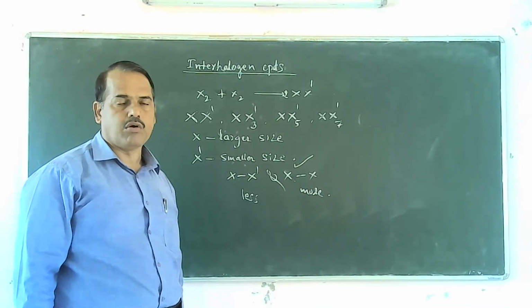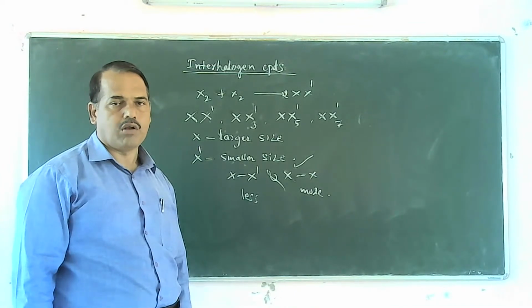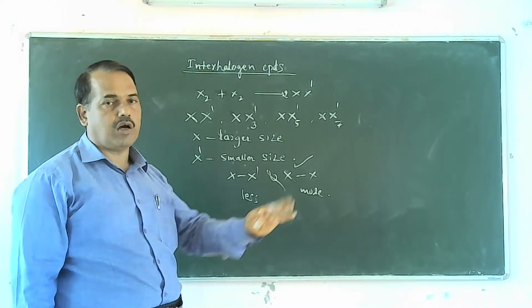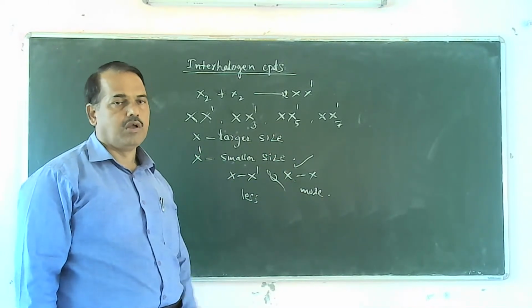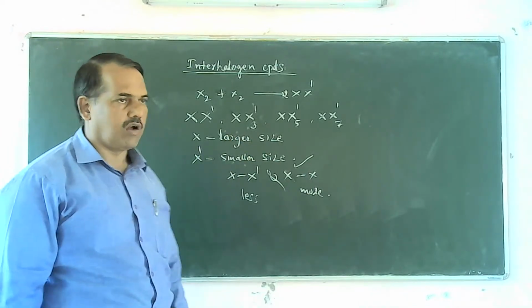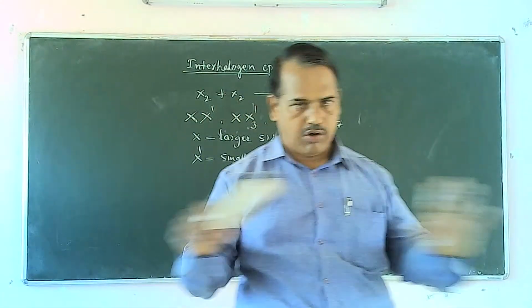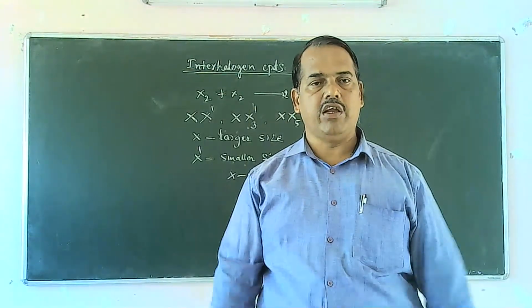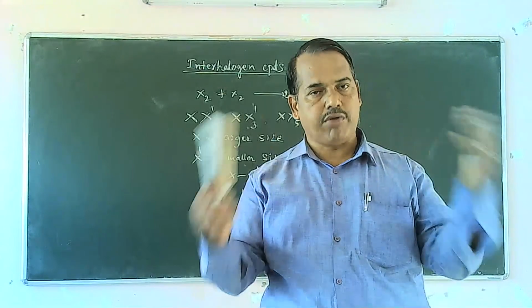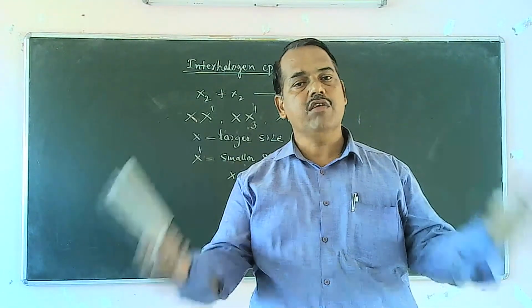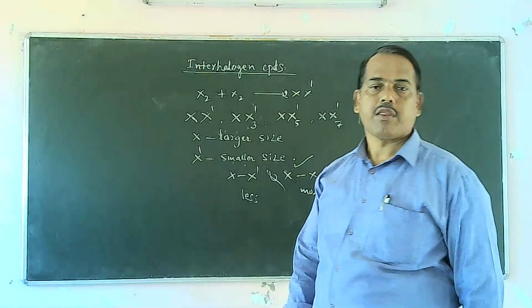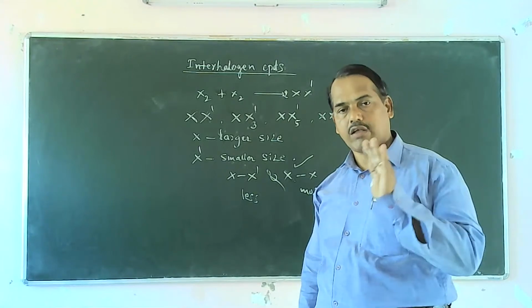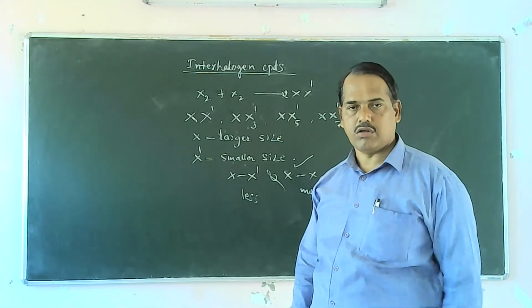The general forms are XX', XX'3, XX'5 and XX'7. Among these, X is a bigger size halogen and X' is a smaller size halogen.